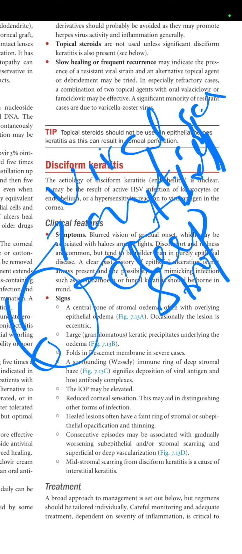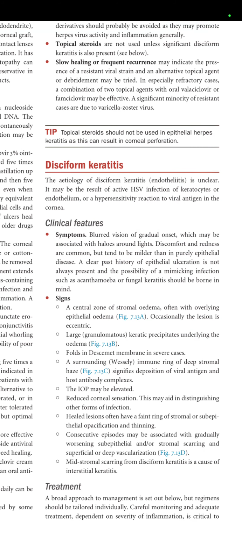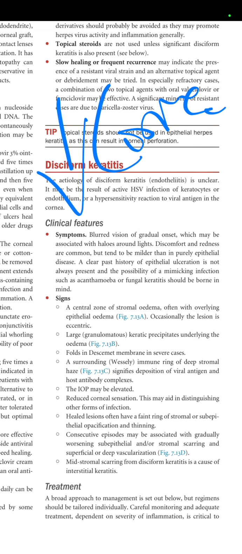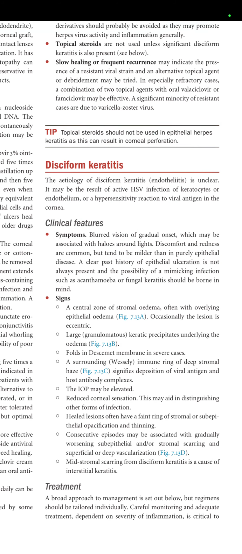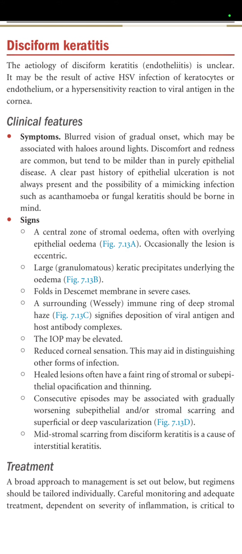The IOP may be elevated. There are reduced corneal sensations. This may aid in distinguishing other forms of infection. So basically with any viral infection, there will be decreased corneal sensation. Healed lesions often have a faint ring of stromal or subepithelial opacification and thinning. So what happens if the lesion is healed?